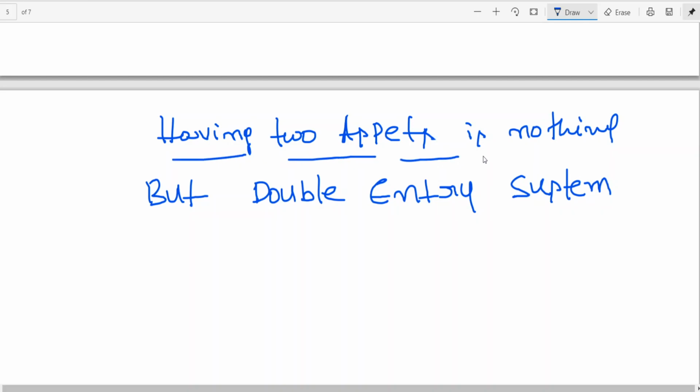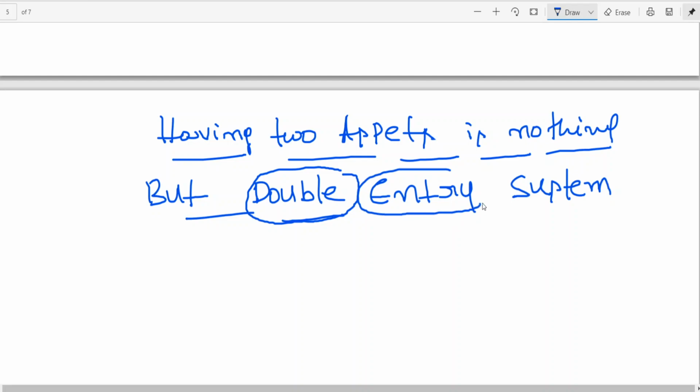Having two aspects is nothing but double entry. Which system is that? Tell me. Double entry system. What is double entry system?